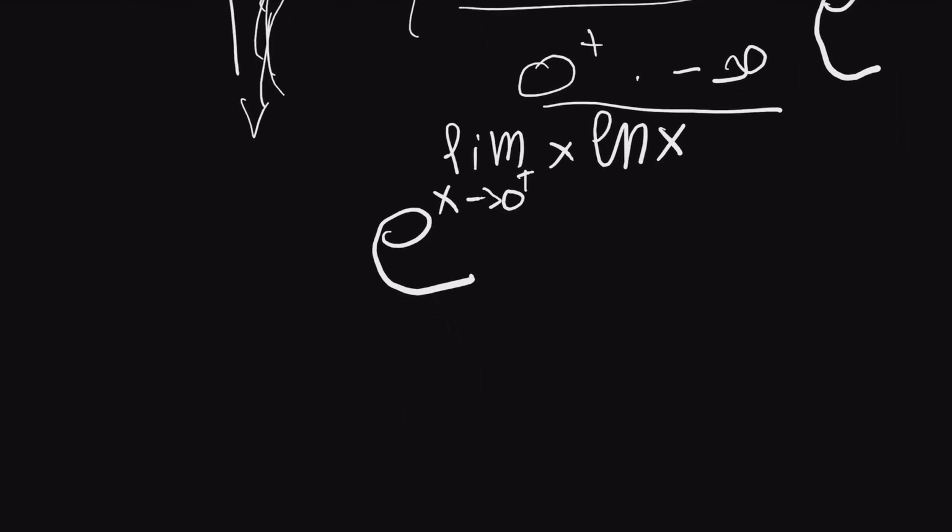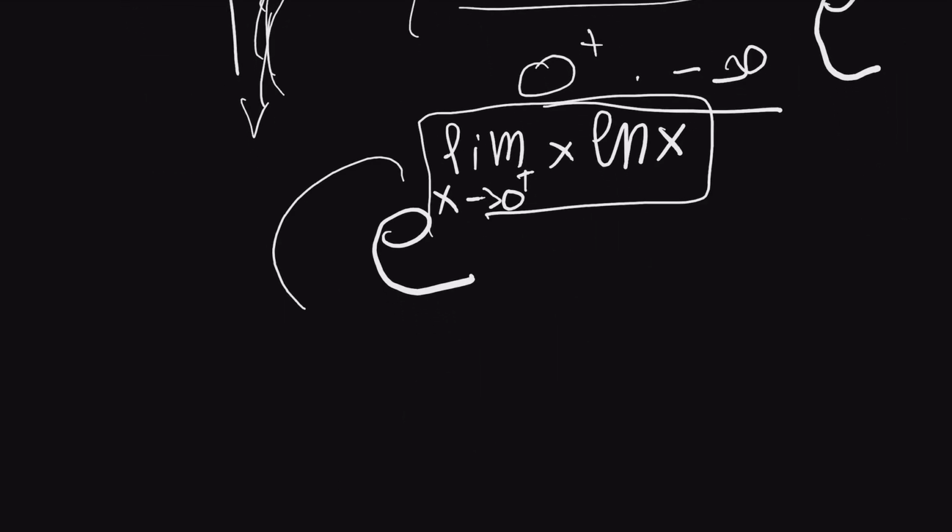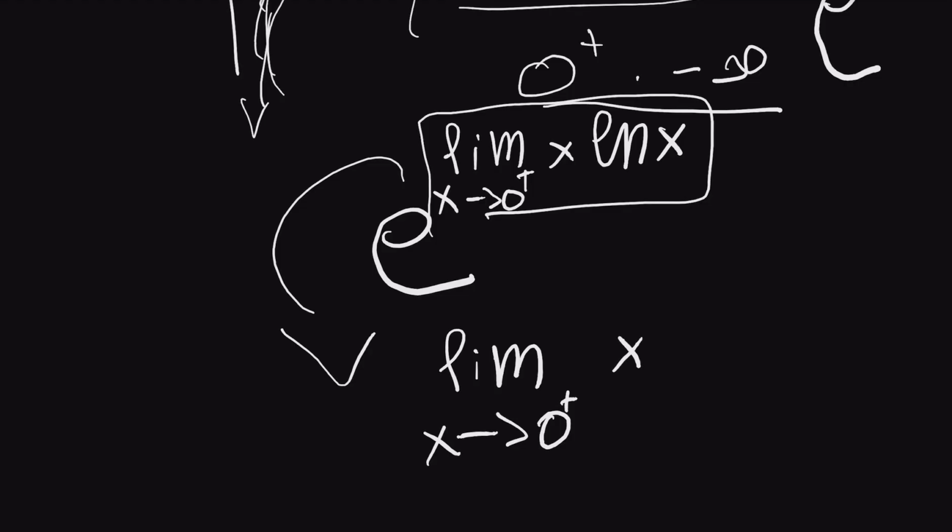Now we're going to focus on this individual limit: the limit as x approaches 0 from the right of x times the natural log of x. As we showed before, direct substitution gives the indeterminate form 0 times negative infinity.